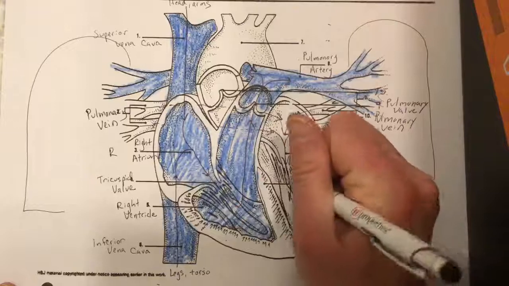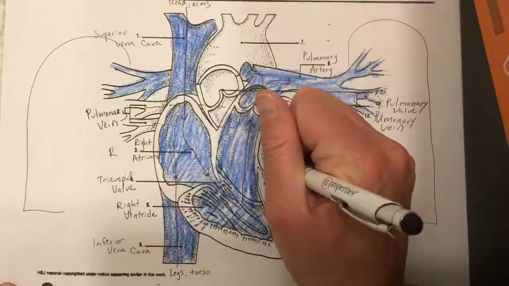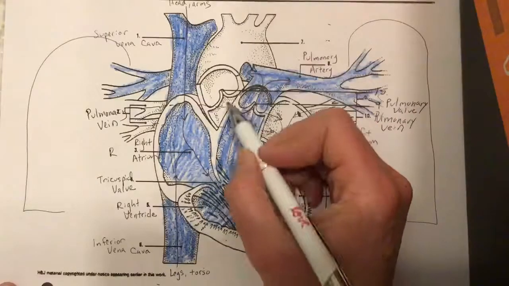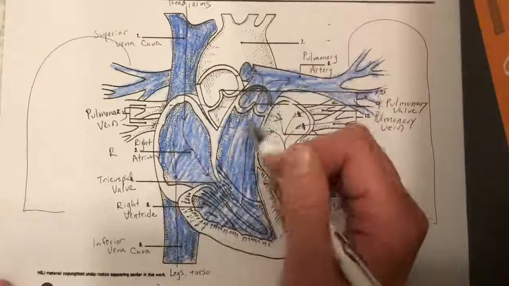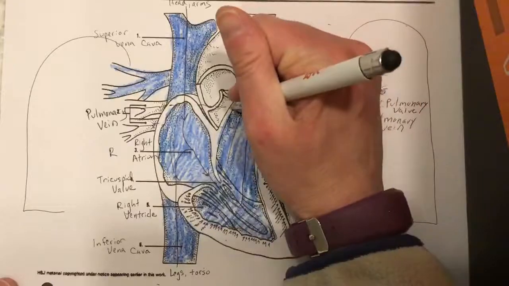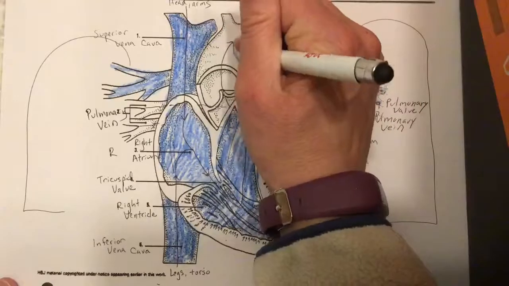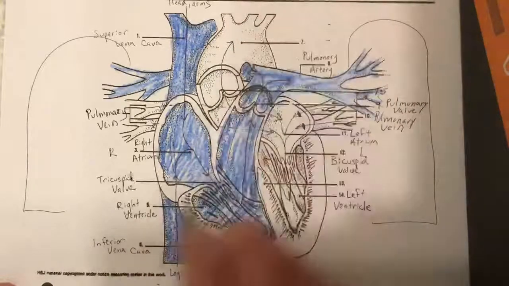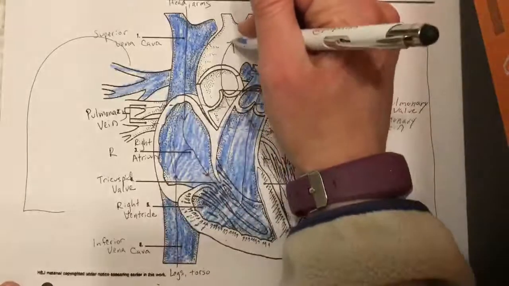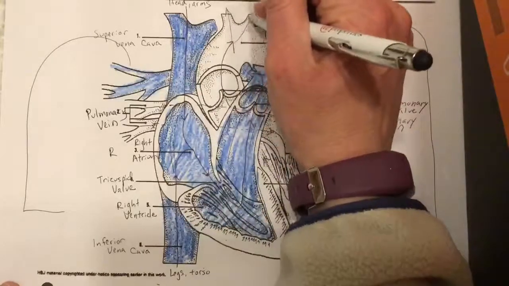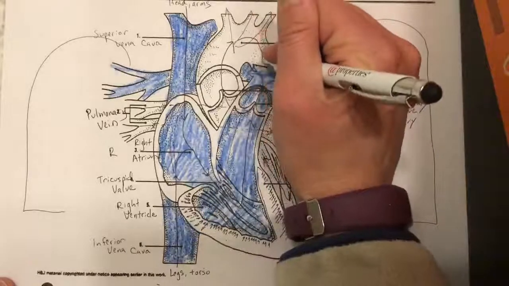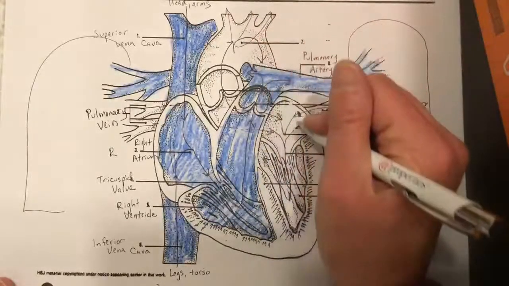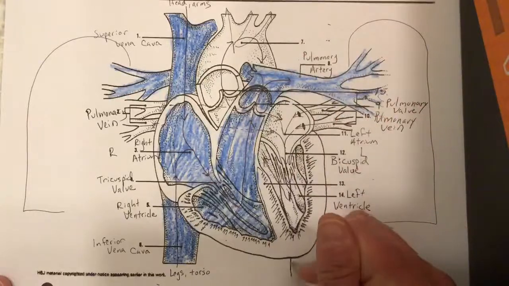The blood is then going to take an upward turn and go out through the largest artery in the body, the aorta. So some of the blood will diverge and go up back to the head and the arms, and some of the blood will turn downward, and the aorta actually hooks down below the heart.